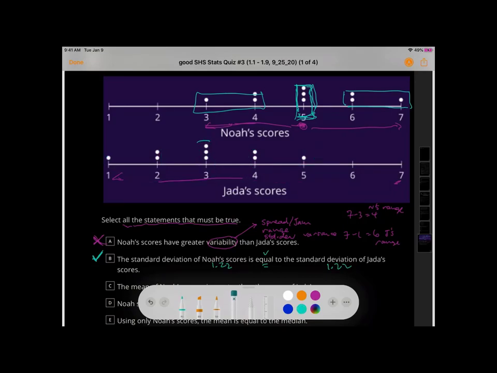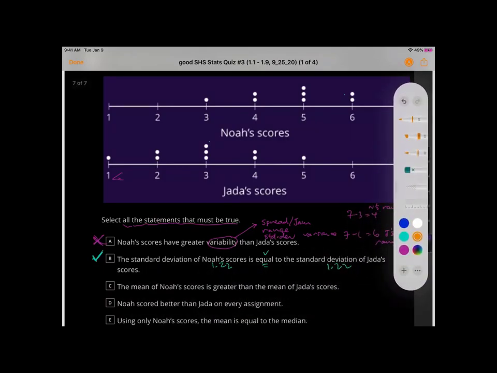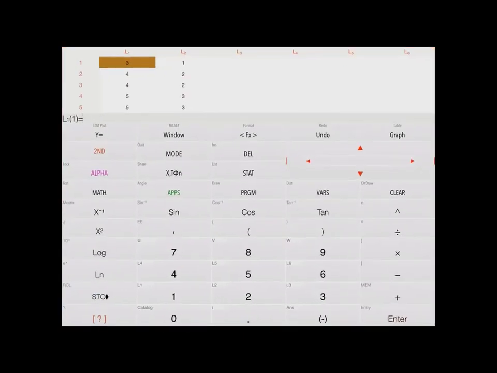Let's erase all this stuff and try the next question. The mean of Noah's score is greater than the mean of Jada's score. So let's pop that back into my calculator. And press clear. I already have the numbers in there, so I'm going to go stat, calc, 1-var stats.